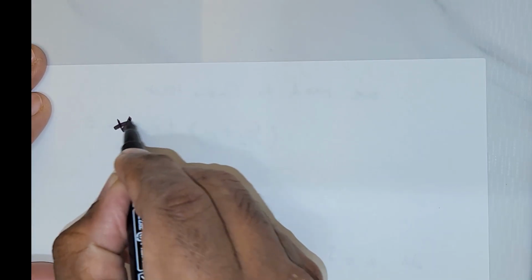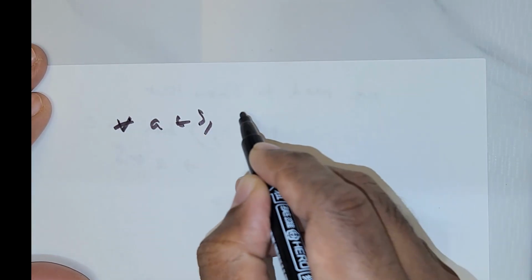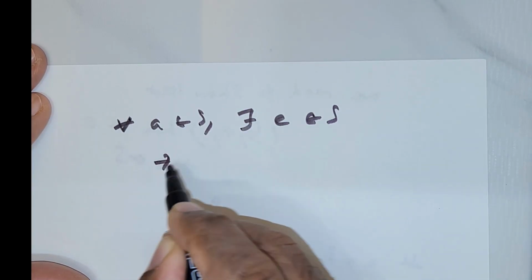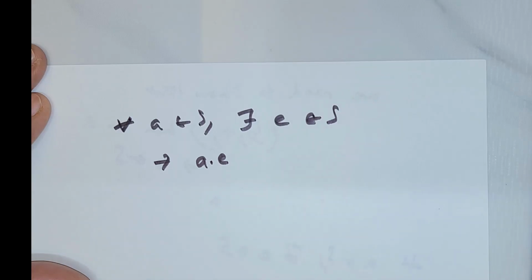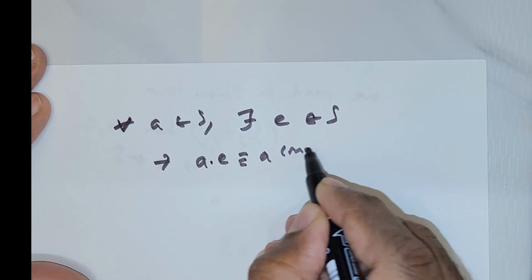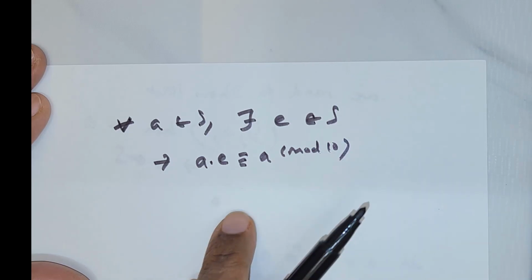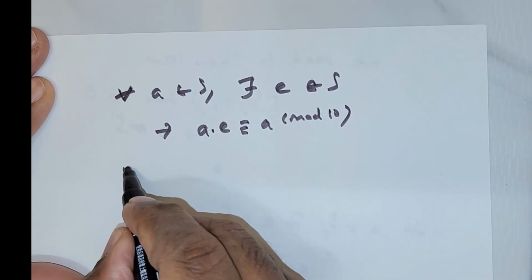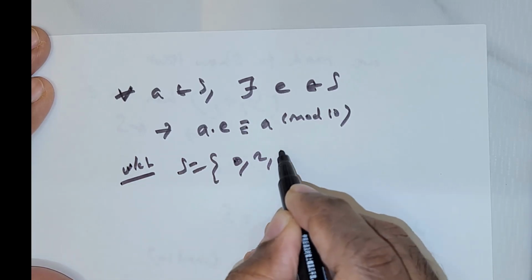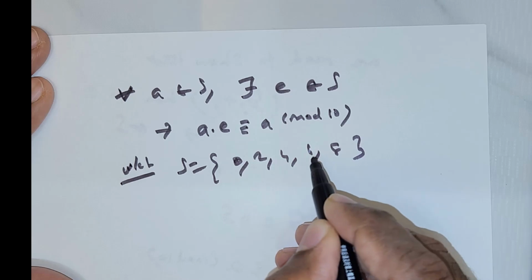Okay, so let me show you what it means. For every A element of S, there exists an E element of S such that A times E is congruent to A mod 10. So we know that S is equal to 0, 2, 4, 6, 8.